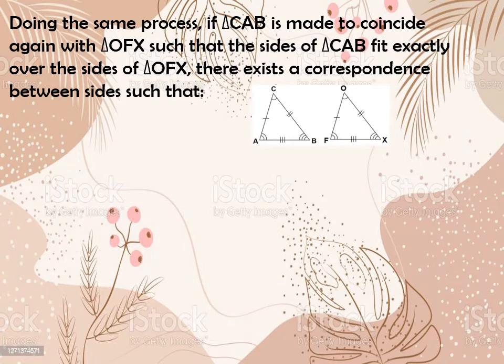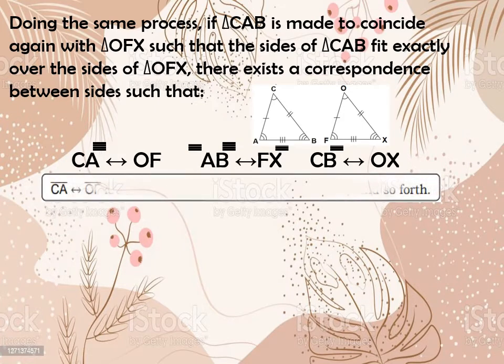Doing the same process, if triangle CAB is made to coincide again with triangle OFX such that the sides of triangle CAB fit exactly over the sides of triangle OFX, there exists a correspondence between sides. This is read as side CA corresponds to side OF.